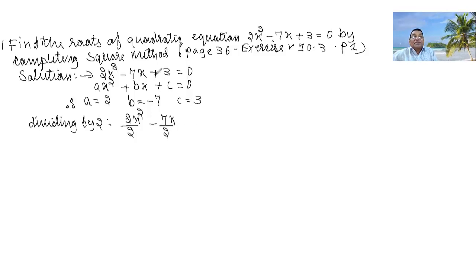You transfer the plus 3 to the other side and divide by 2, so it is equal to minus 3 upon 2.